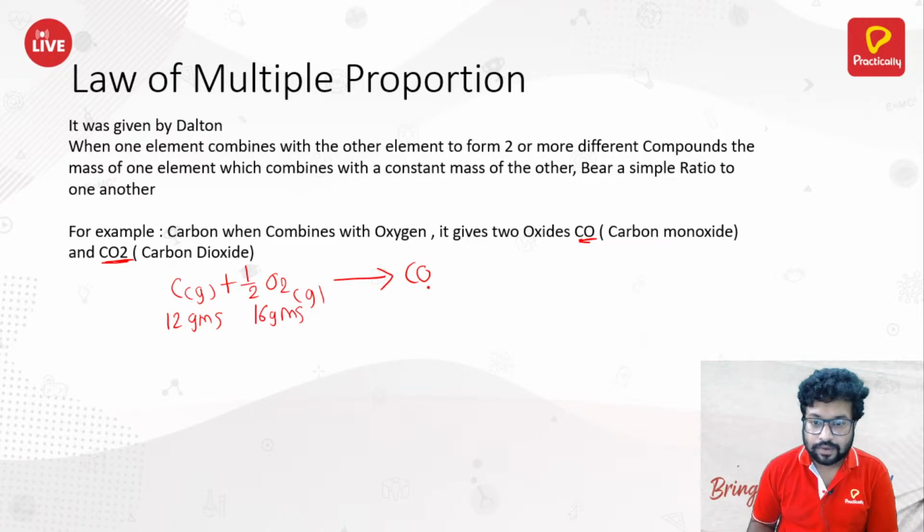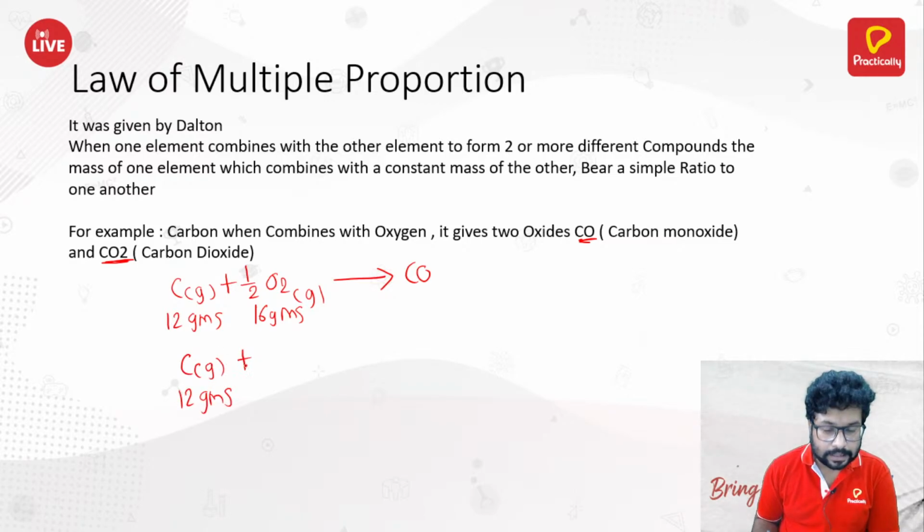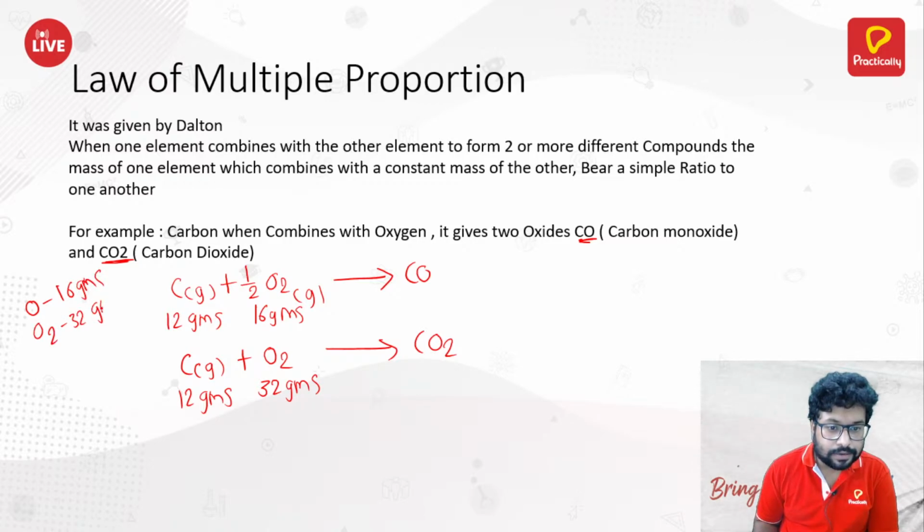Okay, that gave you CO. Let's take the next example. Here carbon, again carbon is 12 grams, but this time it reacts with a complete mole of oxygen, O2, to give you CO2. So here the oxygen is how much? 32 grams, right? The atomic mass of single oxygen is 16 grams. So O2 is 32 grams.